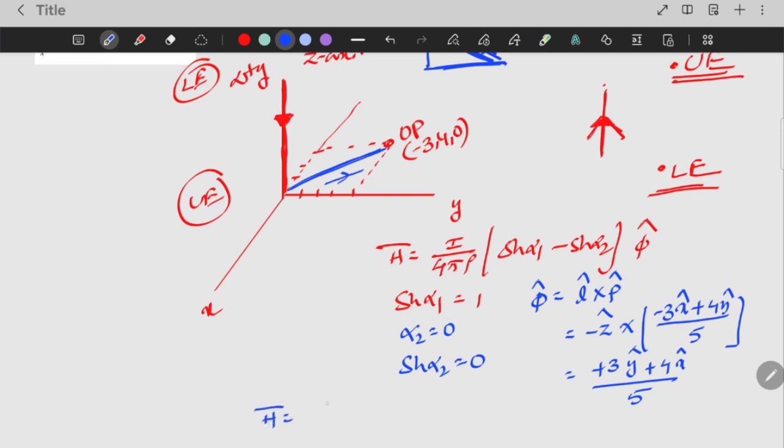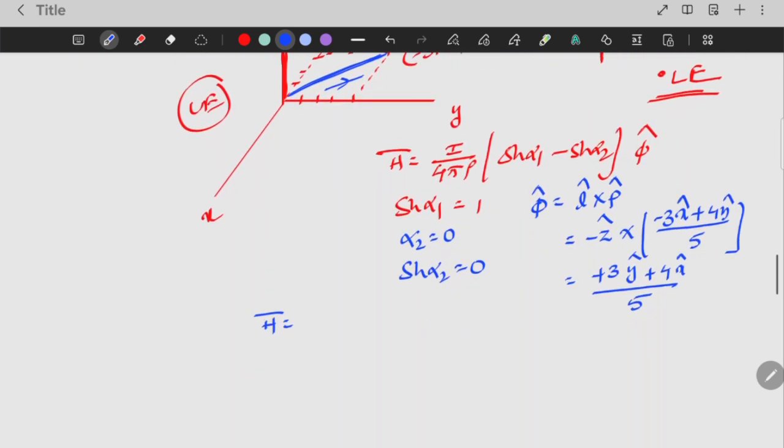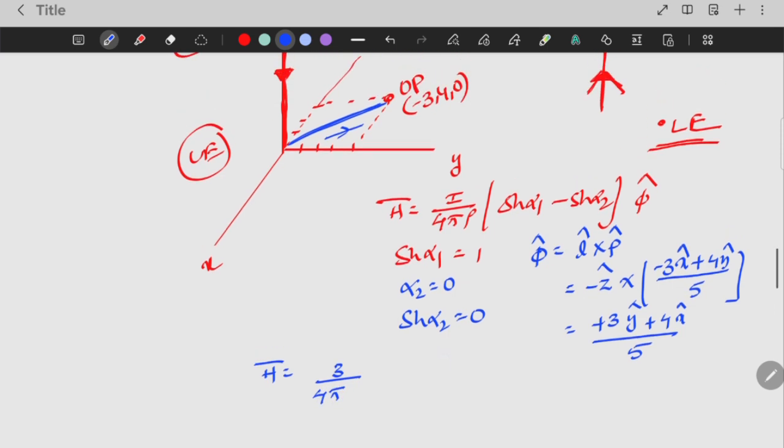H bar is equal to I. I value they have given 3 amperes. 3 by 4 pi rho. What is the perpendicular distance? It is 5 only, right? This is 3, this is 4. So perpendicular distance is 5. And sin alpha 1 is 1, minus sin alpha 2 is 0.